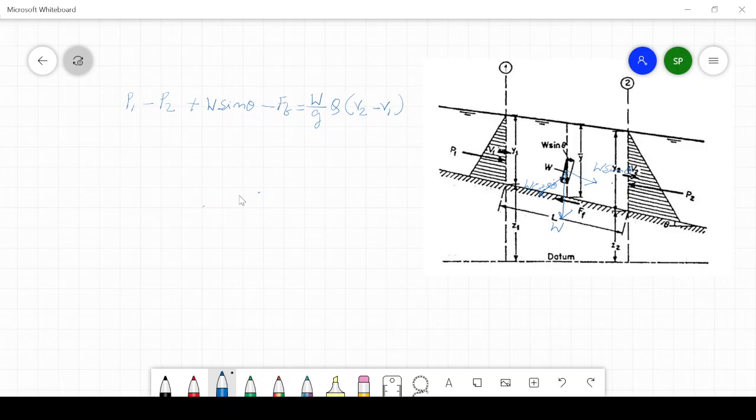So now, from this expression, if your slope is very small, we are considering that your channel is almost horizontal. Then we can neglect it if slope is very small. Then theta is very small. If theta is small, then W sin theta can be neglected, isn't it?